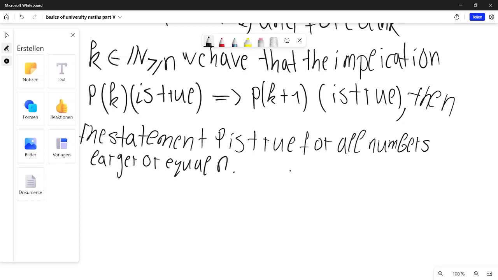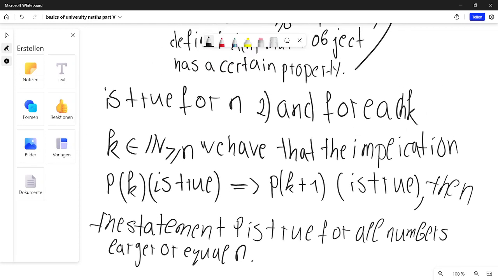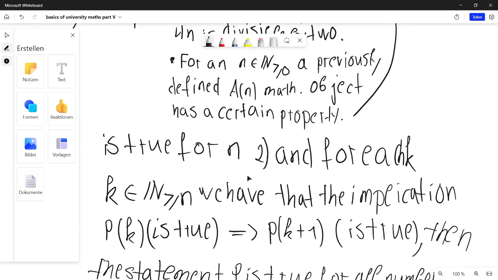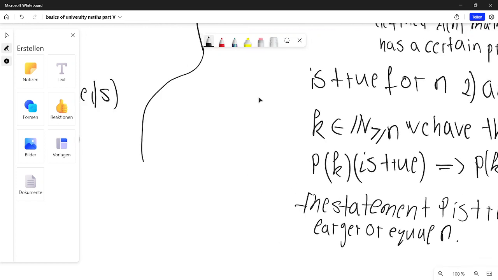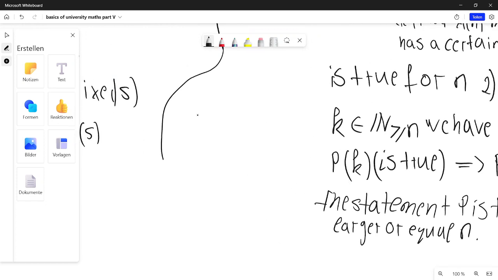In the beginning, you might think, well, kind of obvious, right? Because we just could stand at n, and at n, P is true. Let's write it like that: P of n is true.